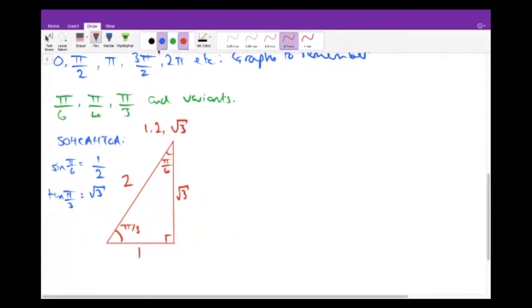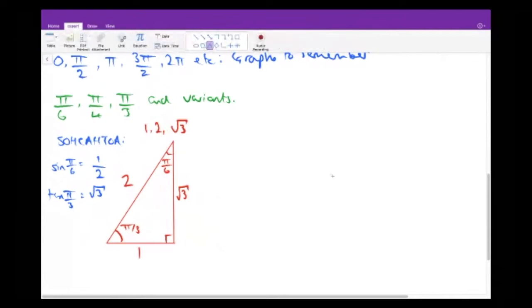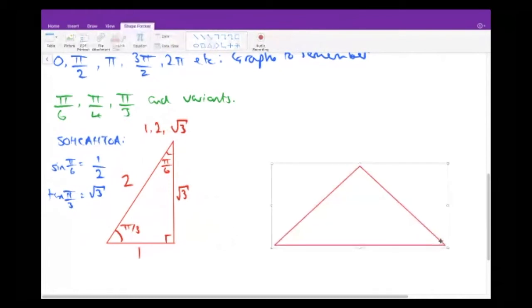Now we can also use our 1, 1, root 2 triangle. Okay, so I'll make it sort of look like that. So it's a similar sort of thing, apart from we are now dealing with a triangle which is actually an isosceles triangle instead of an equilateral triangle.